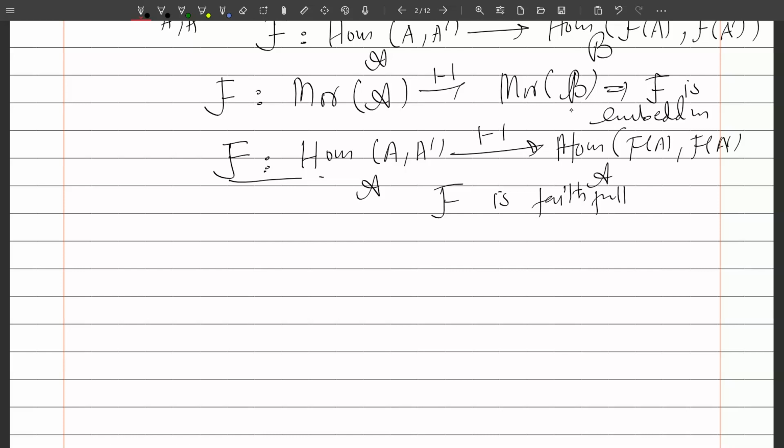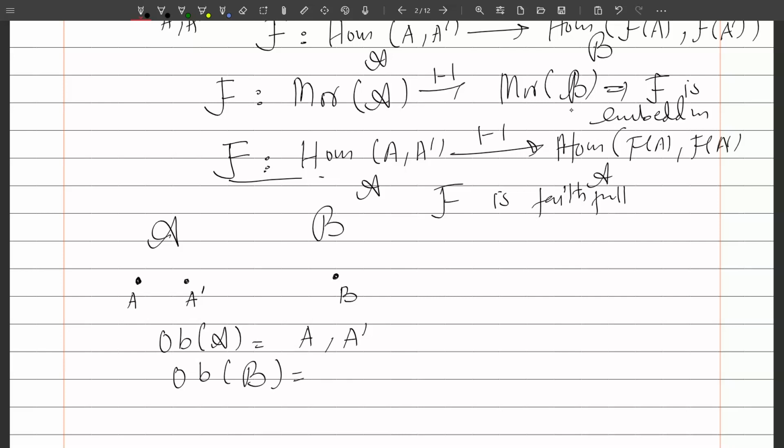Let us consider a category A and a category B. Suppose category A has only two objects, say an object A and an object A prime, and category B has only one object, say B. So the object class of category A is just the two objects A and A prime, and the object class of category B is just the single object B. Now if F is a functor between these two categories, then F is also a map between these two classes.